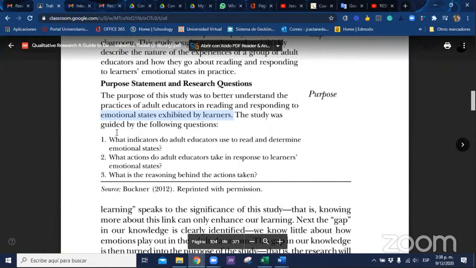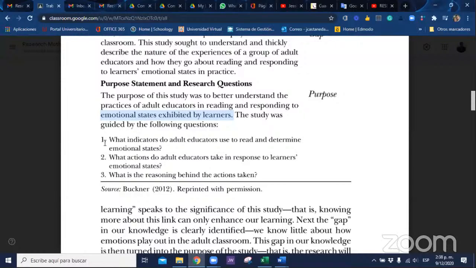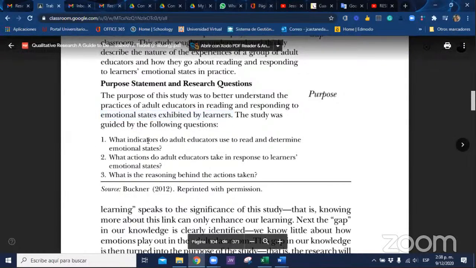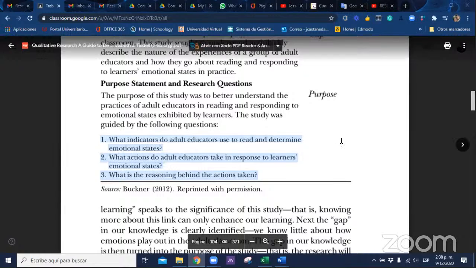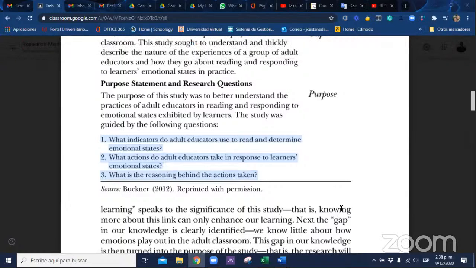What kind of study do you think they are going to develop here? What methodology do you think they will use? What would you say? Phenomenology, ethnography, narratives, discourse analysis, conversational analysis.